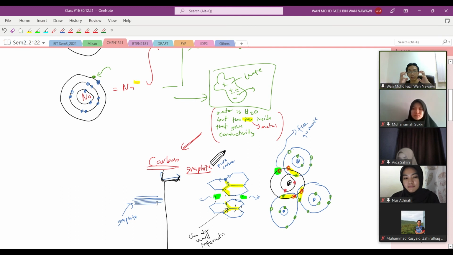The resistivity is still a number, meaning there is some possibility of conducting electricity, because of the water itself. If you see H2O, this is the oxygen and this is the hydrogen. So this is water, H2O.